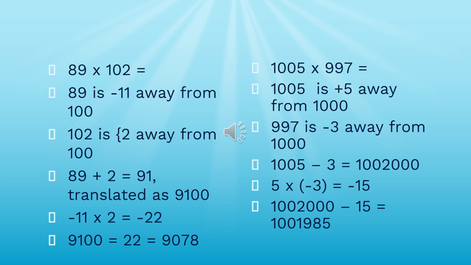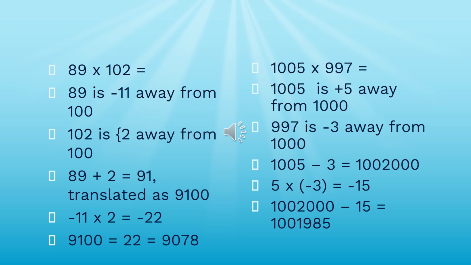But this case again should be translated as 1,002,000. Why? Because we need to attach three zeros, since our base is 1,000 and 1,000 has three zeros.